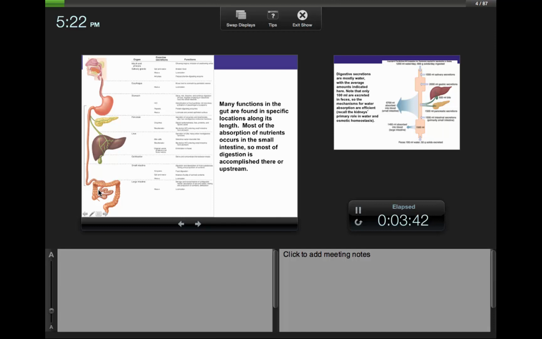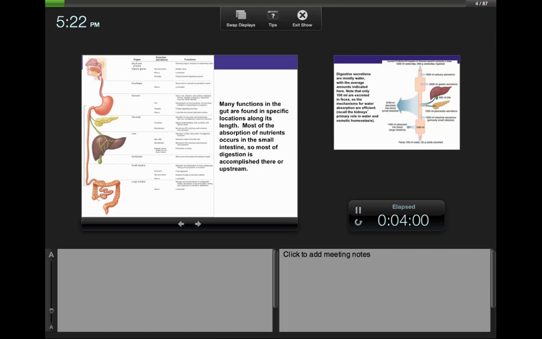The main thing to think about when we're going through the small intestines and the colon is that the lectures are broken up into motility. So you need to know the motility of the small intestines and the motility of the large intestines. I'll review that overall.